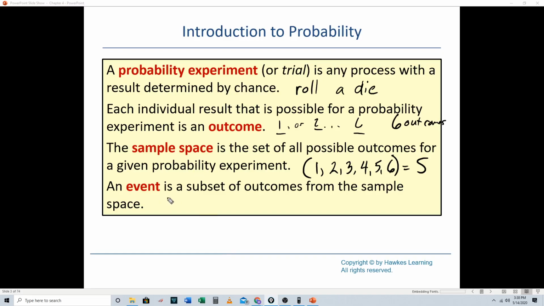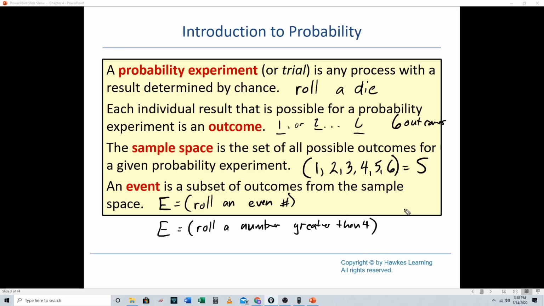An event, capital E, is a subset. So it could be something like roll an even number. Or an event could be roll a number greater than 4.